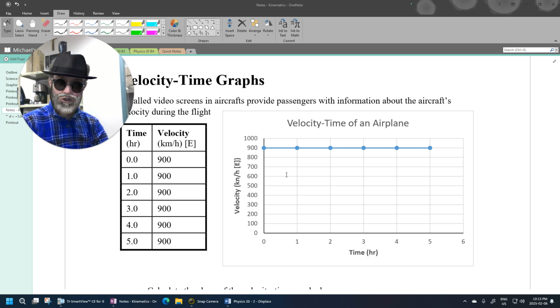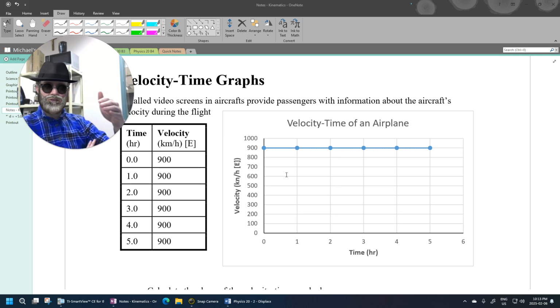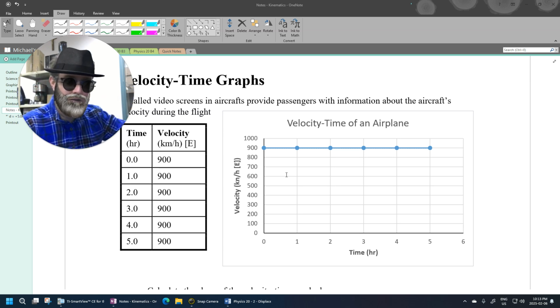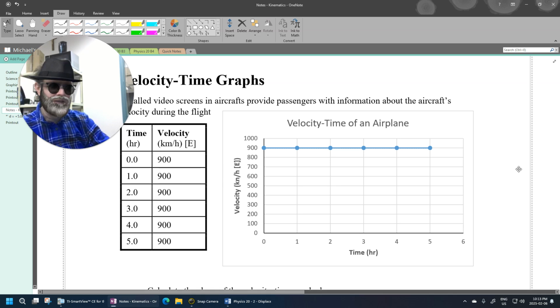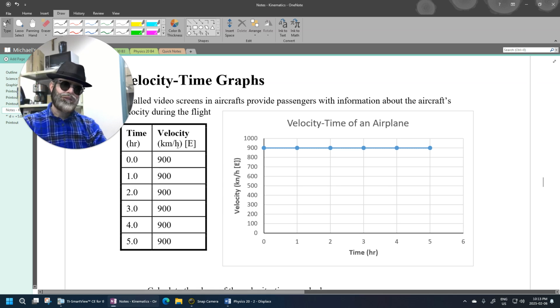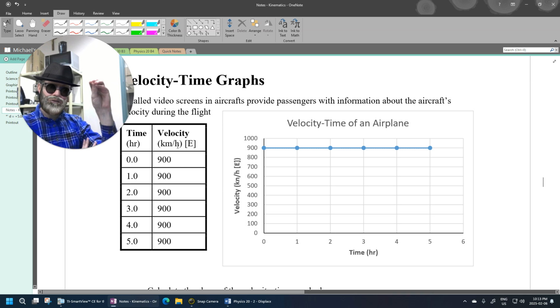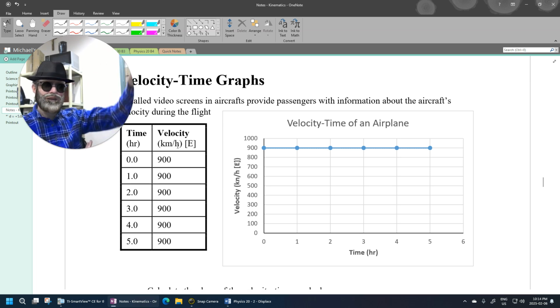So my position is changing. If I were to convert this to a position time graph, then I would see that my position would be increasing every hour by 900 kilometers. So I'd start at 0. 1 hour later, it'd be 900. 1 hour later, I'll be 1800. 1 hour later, I'll be 2700, etc. I just keep on getting further and further away in the east direction.